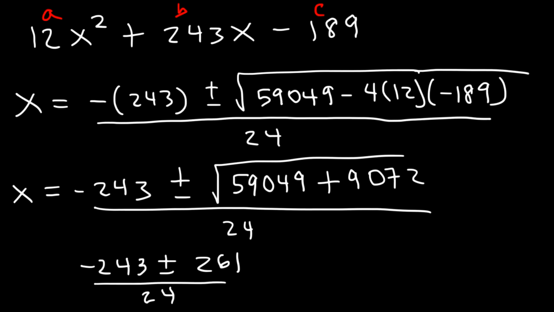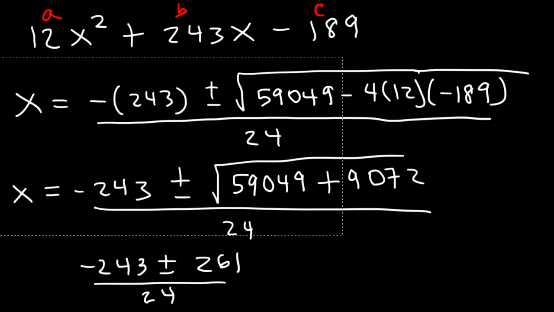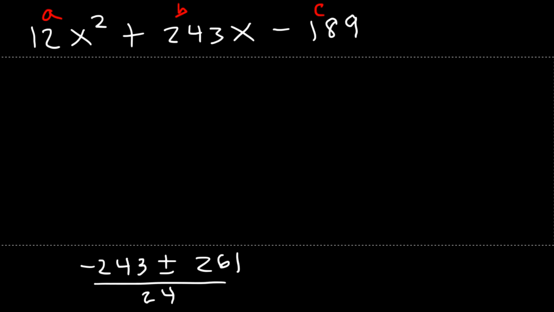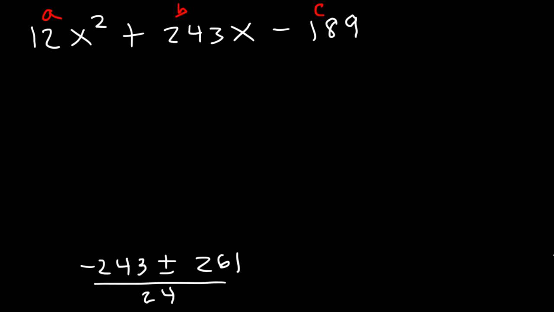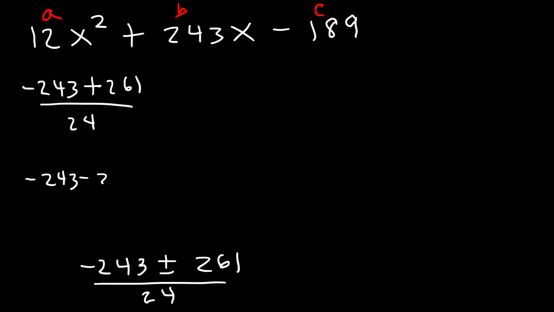So now what we need to do is separate that fraction into two other fractions. So this is negative 243 plus 261 over 24, and it's also negative 243 minus 261 over 24. There are two separate answers.